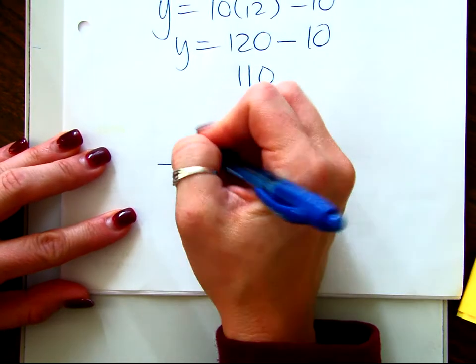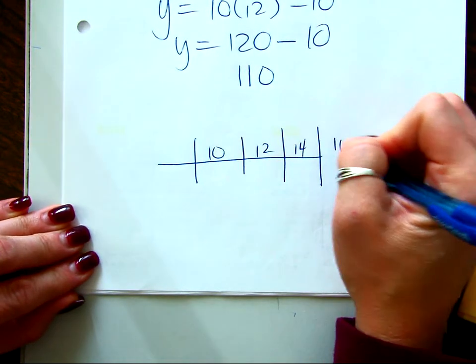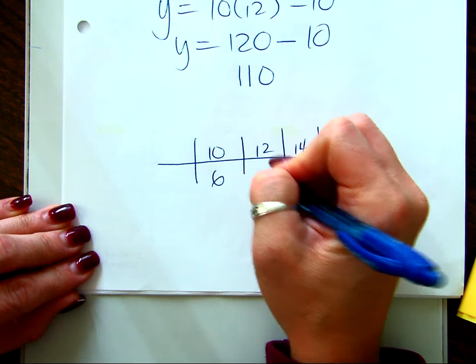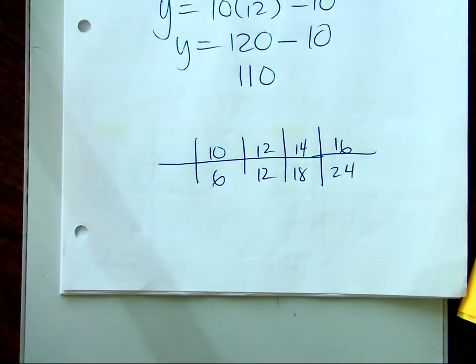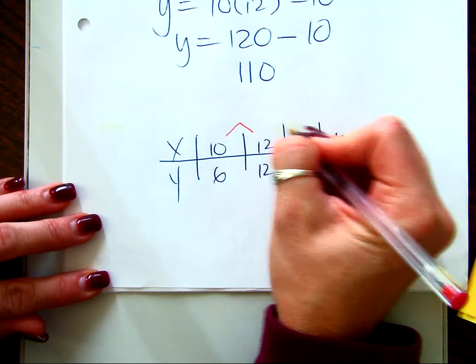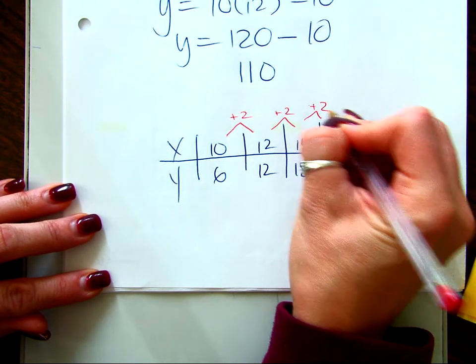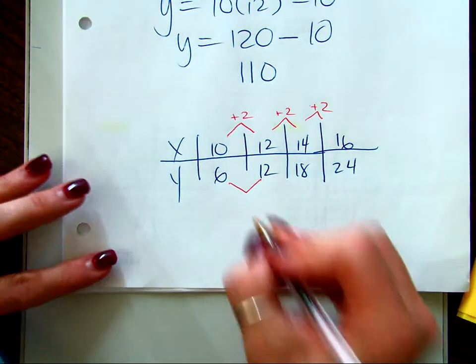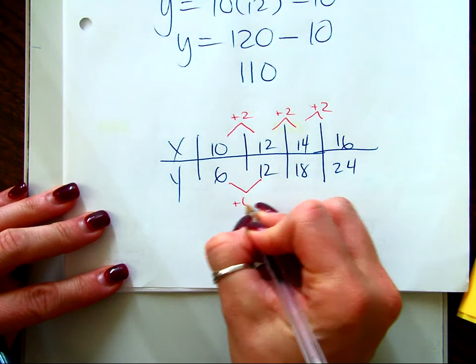10, 12, 14, 16, 6, 12, 18, 24. Let's just go with what I just showed you. Let's find my rate of change for every 2 that this is going up. This is going what? Oh, this is not a good one to do it for, but yeah, hold on. I'll show you. This is going up 6.